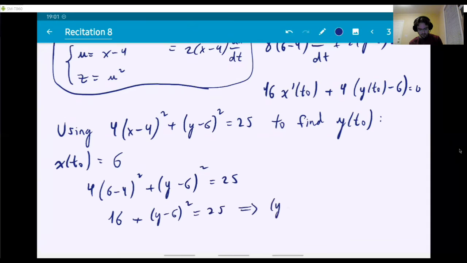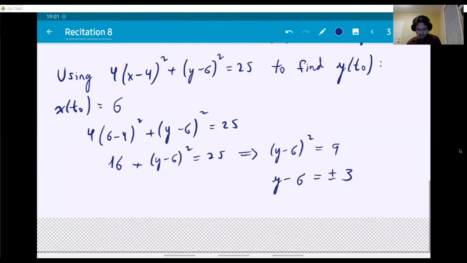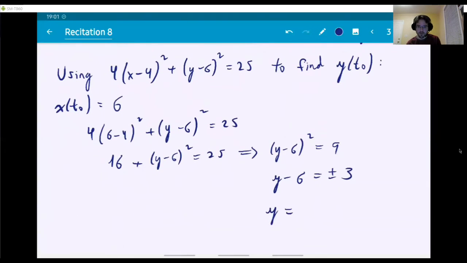So (y - 6)² is 9, subtracting 25 minus 16. This means y - 6 is actually equal to plus or minus 3, the square roots of 9. And then you're going to have two possible values for y when you add this 6 to the other side, either 9 or 3.